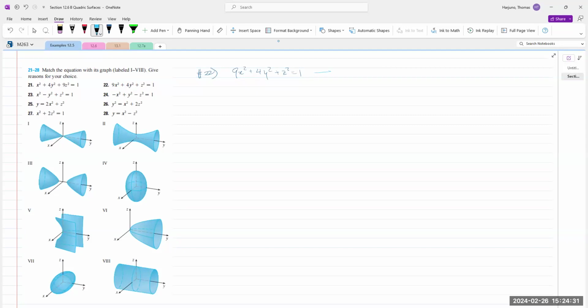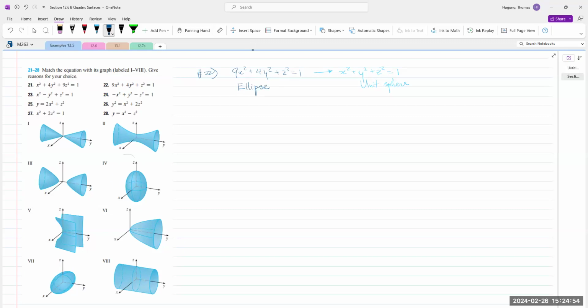If I clean up the coefficients, I get x squared plus y squared plus z squared equals 1. That's a unit sphere, right? Now, when we stretch that with different coefficients, it becomes an ellipsoid.